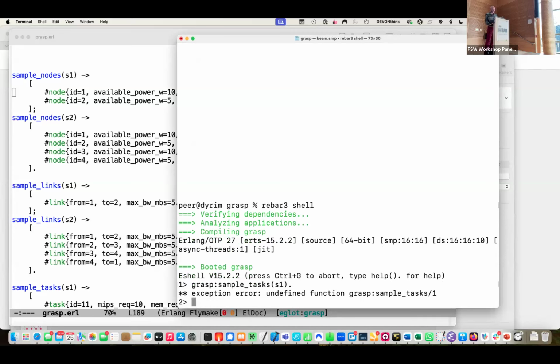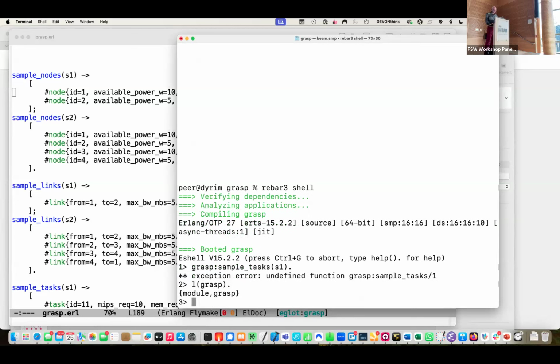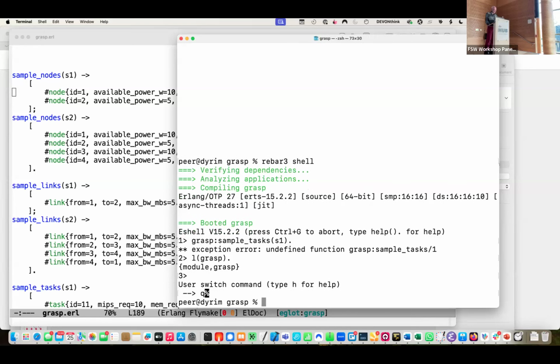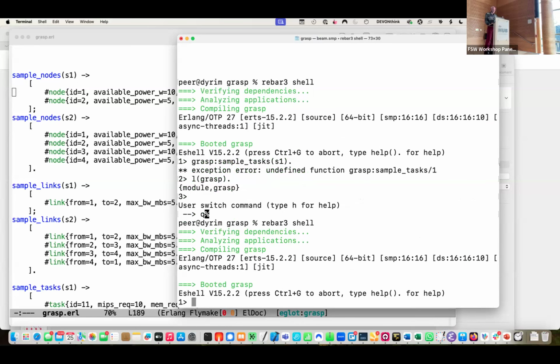Oops. Where am I? Mistyped. Such a simple demo. Why does it not work? Oh, start demo. Oh man.